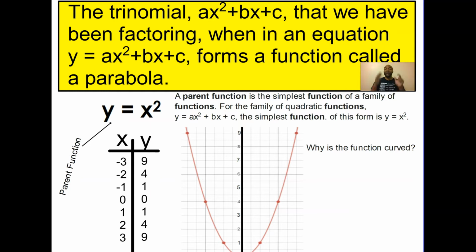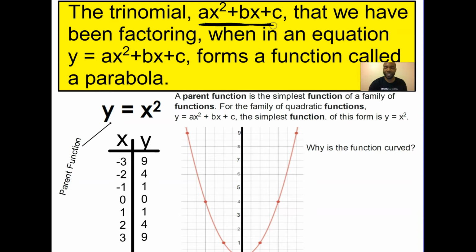All right, it says the trinomial ax squared plus bx plus c. We've seen this before, that we have been factoring, yes, when in an equation y equals ax squared plus bx plus c forms a function called a parabola. So we have seen this wonderful expression before.